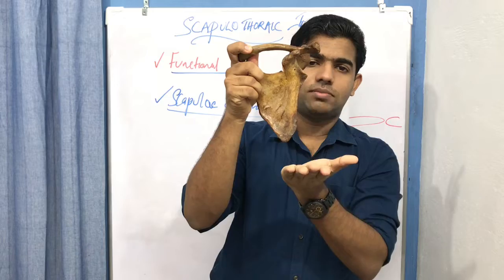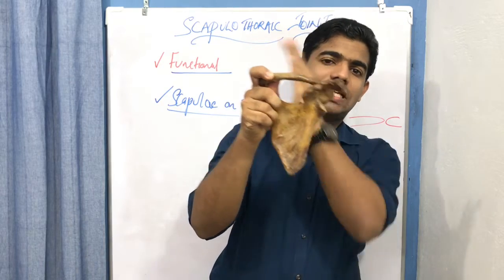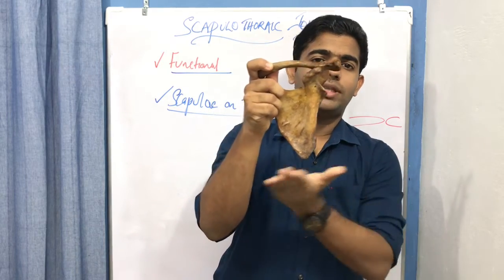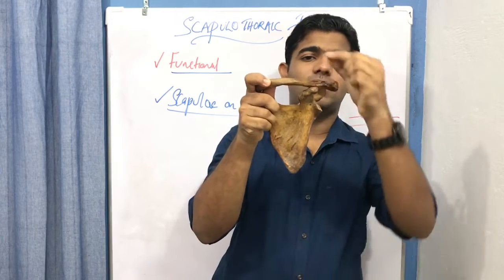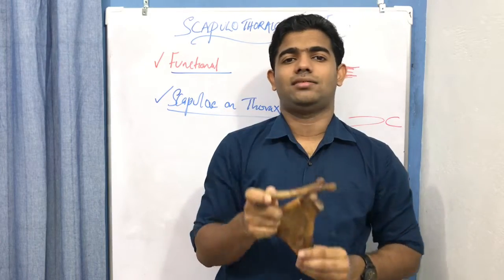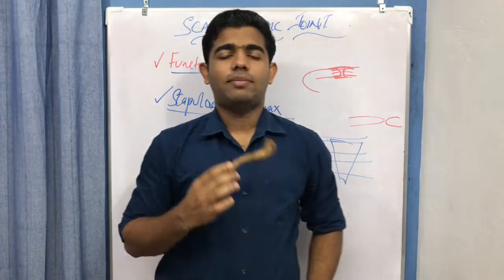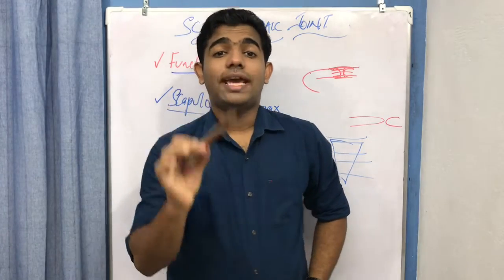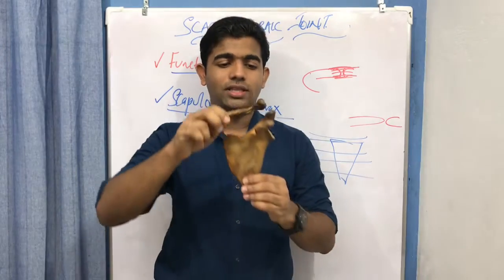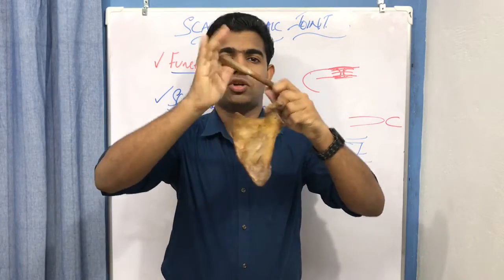Both ends, proximal and distal, are fixed. That means this becomes a true closed chain. So the scapulothoracic joint behaves like a true closed joint with the help of the acromioclavicular and sternoclavicular joints.